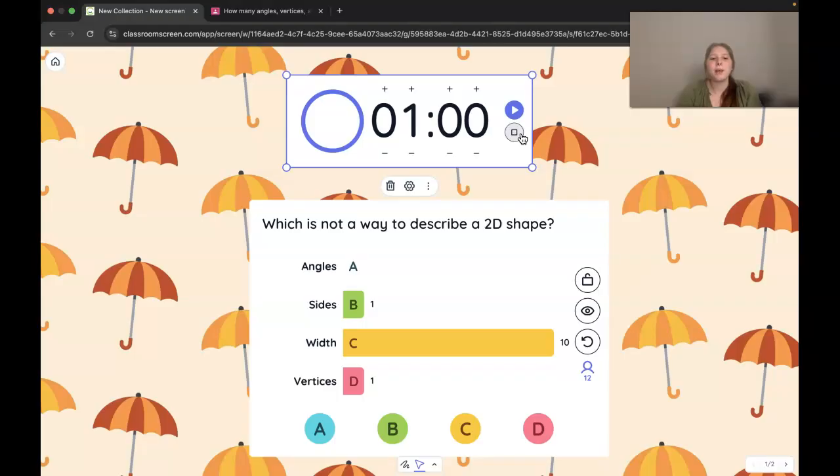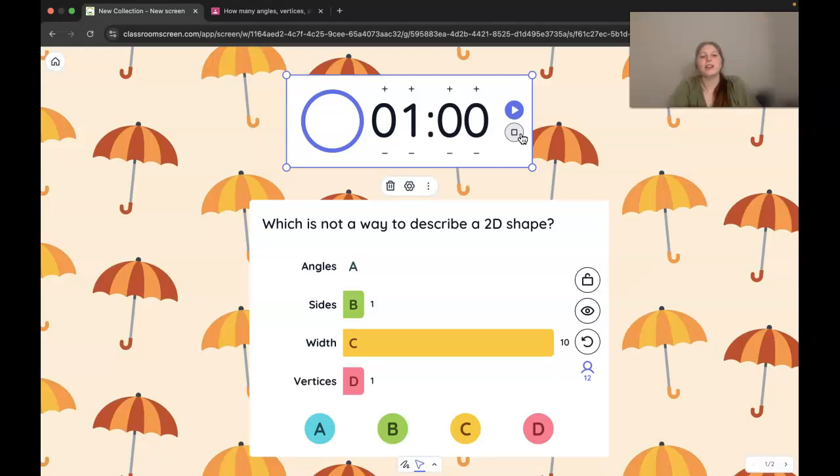Okay, friends, great job. I see that we all got a chance to respond. So I see that width was our overall answer that we all agreed with. So remember, I want us all together to show me what ways we use to describe our two-dimensional shape. Okay, ready? If I say angles, show me. Good job, angles.